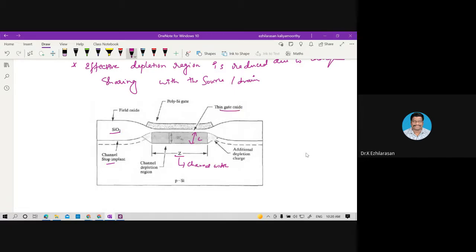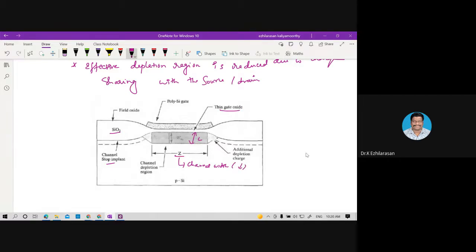So this is what I mentioned over there. If I make the width less than that, if I reduce this, then these are the problems that will happen.